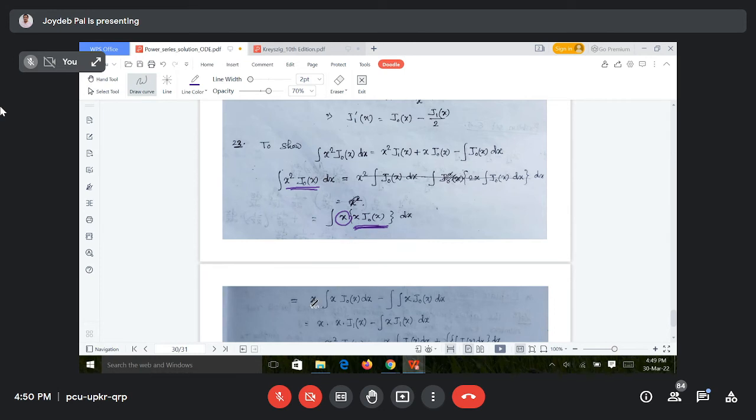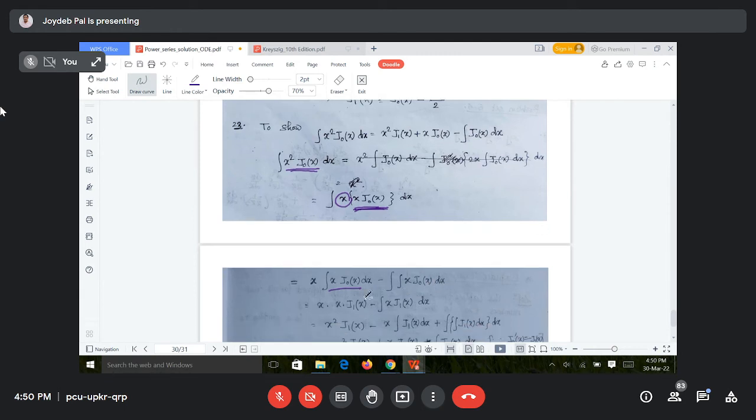So x into the integration of x J naught x, minus the integration of d dx of x, that is 1, and another integration of x into J naught x dx.